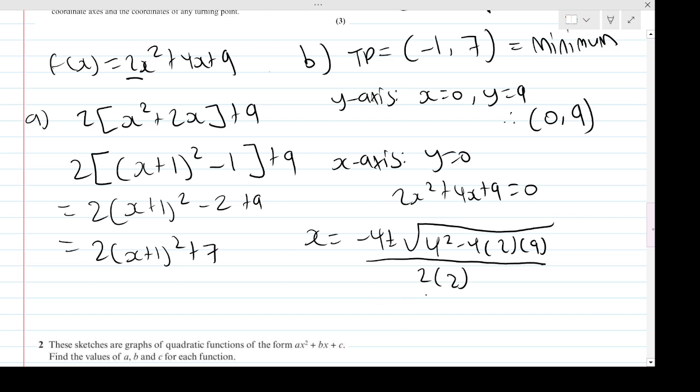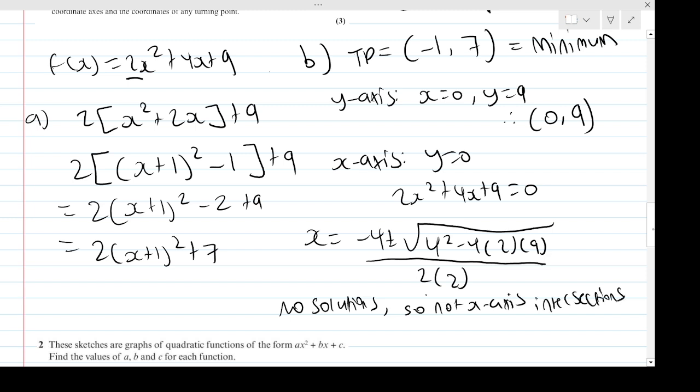So this square root again, root 4 squared minus 4 lots of 2, lots of 9, you get root minus 56, okay? And therefore we get a negative square root, so again, there's no solutions here. So no x-axis intersections, okay?